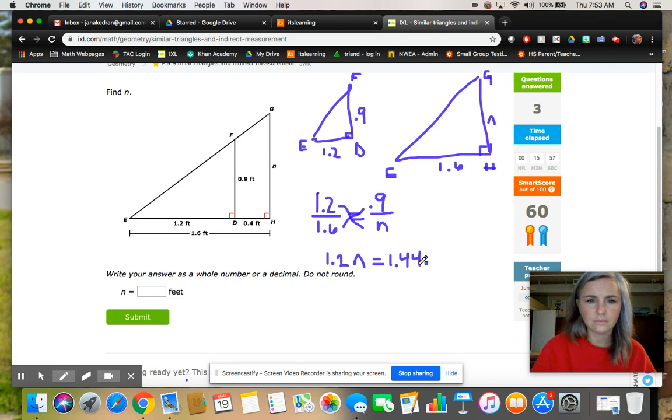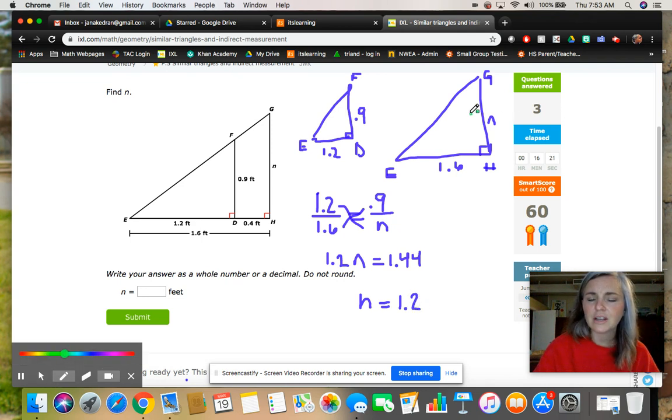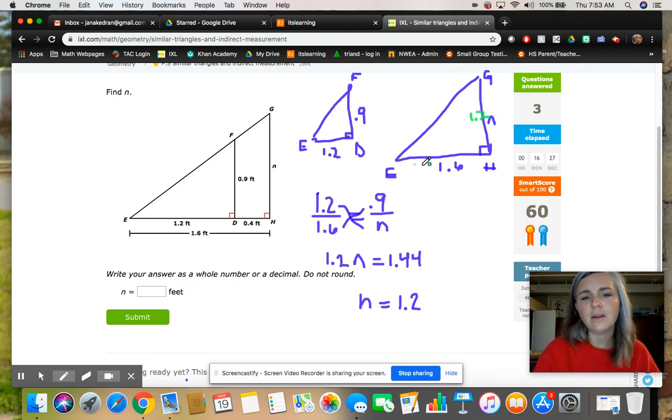And I'm going to get 1.2, which is weird. So I'm going to try it one more time just to make sure. 1.44 divided by 1.2. Yep, I'm getting 1.2. Because that makes me curious if I have done this correctly, since I got a repeated number from this problem, I'm going to actually check my ratio. So I'm going to divide 1.2 by 1.6 and get a decimal, and then divide 0.9 by 1.2 and make sure I get the same decimal so I know I kept my ratio the same.